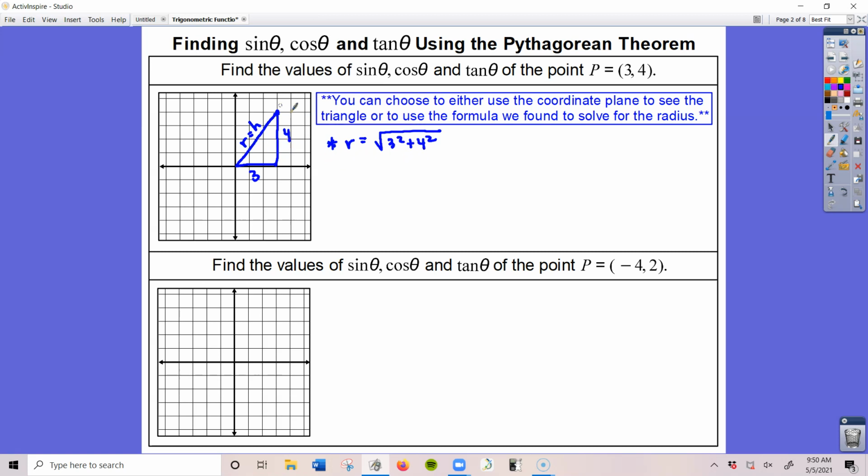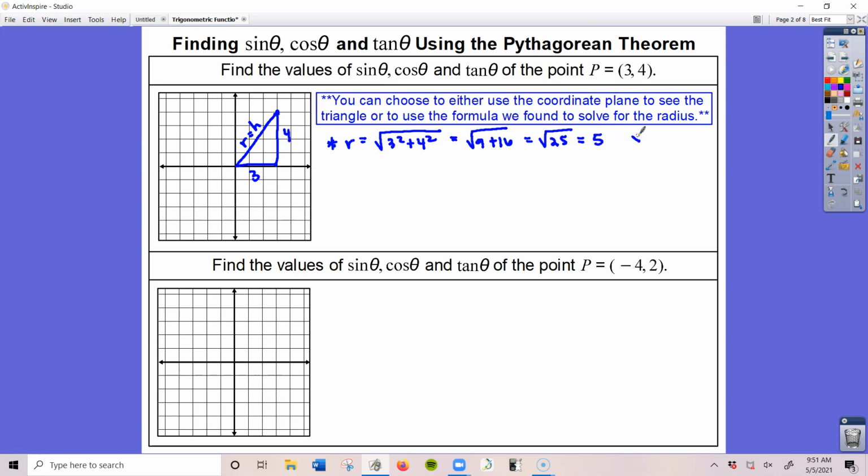As long as you can draw out your triangle, you can use the Pythagorean theorem: 3 squared plus 4 squared is equal to the hypotenuse squared, which simplifies to the square root of 9 plus 16. 9 plus 16 is 25, and the square root of 25 is 5.